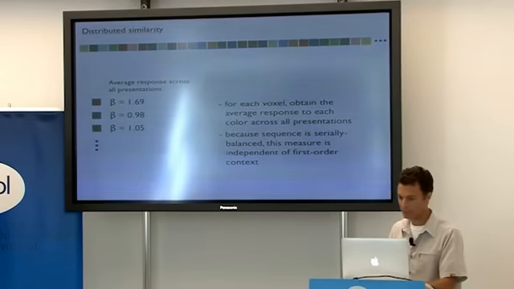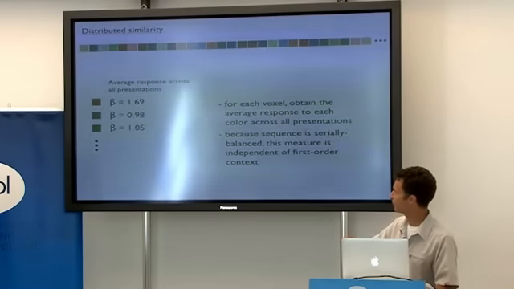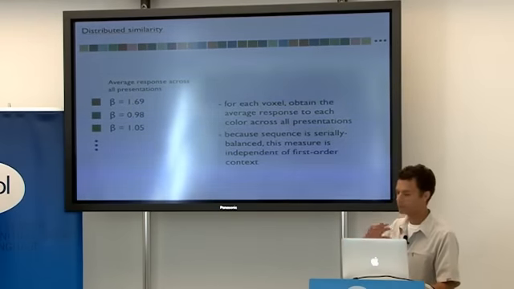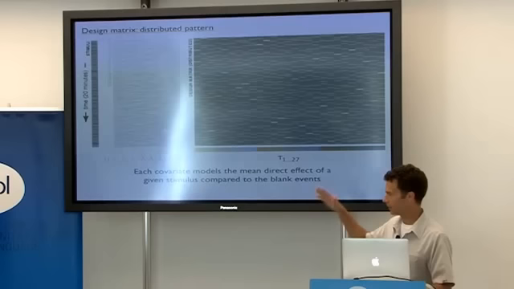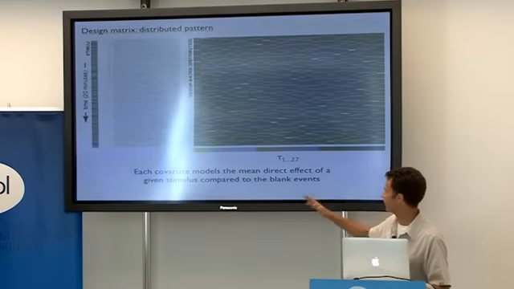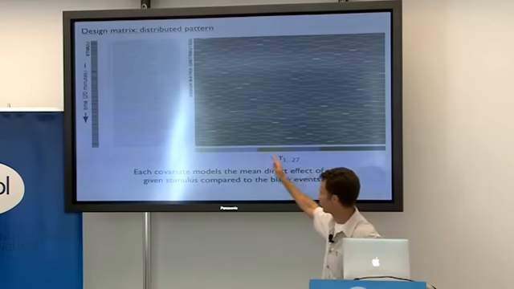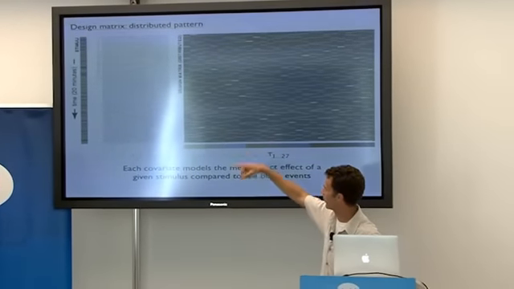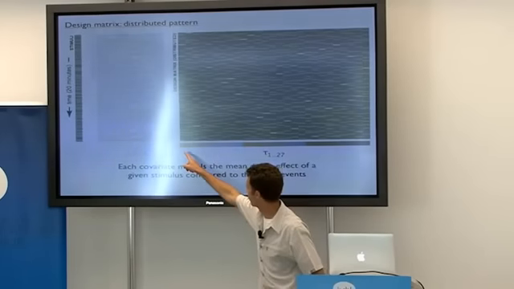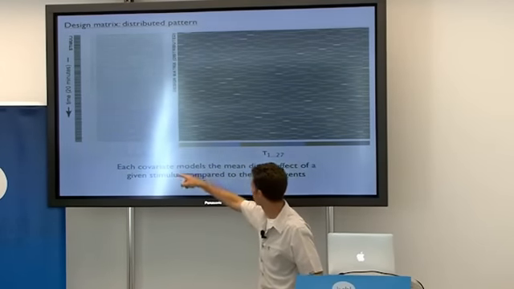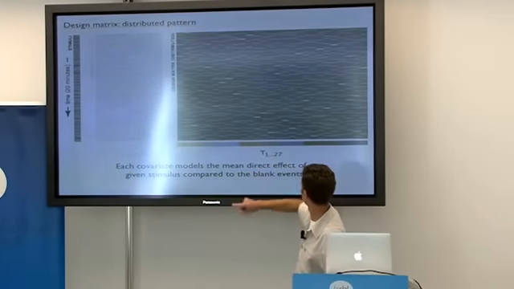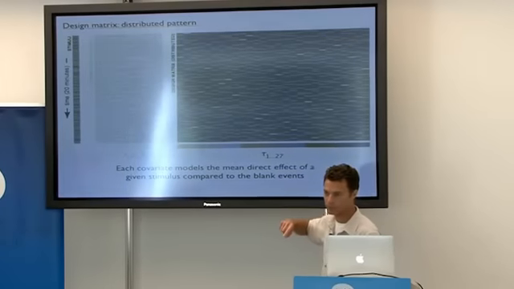And those average responses then can be used as the basis of a multi-voxel pattern analysis. You know, for those who like looking at covariate matrices, this is what the set of regressors or covariates look like to model that kind of data. You have one covariate that models all the time peach was on the screen, and all the time dark green was on the screen, and all the time blue was on the screen.